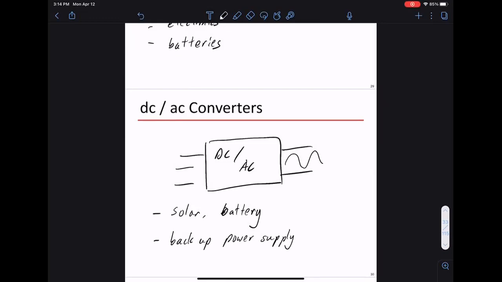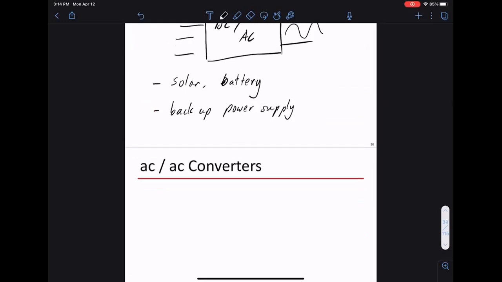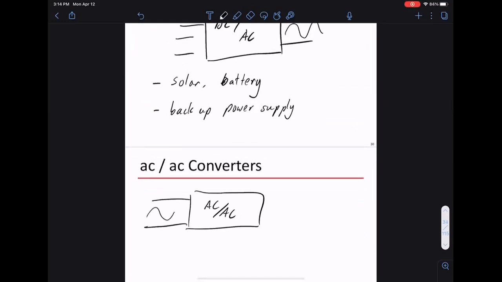So one thing that's weird is AC to AC. Why would we want AC to AC? Does it change the phase? Right, good.